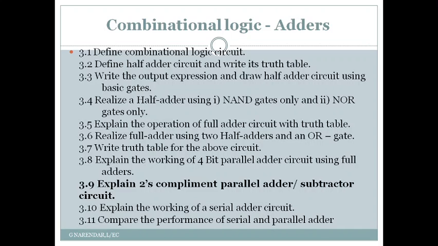We'll be calling it the 2's complement parallel adder cum subtractor circuit. Before looking at that circuit, we'll learn the concepts that make it possible to perform two different operations by using one circuit.